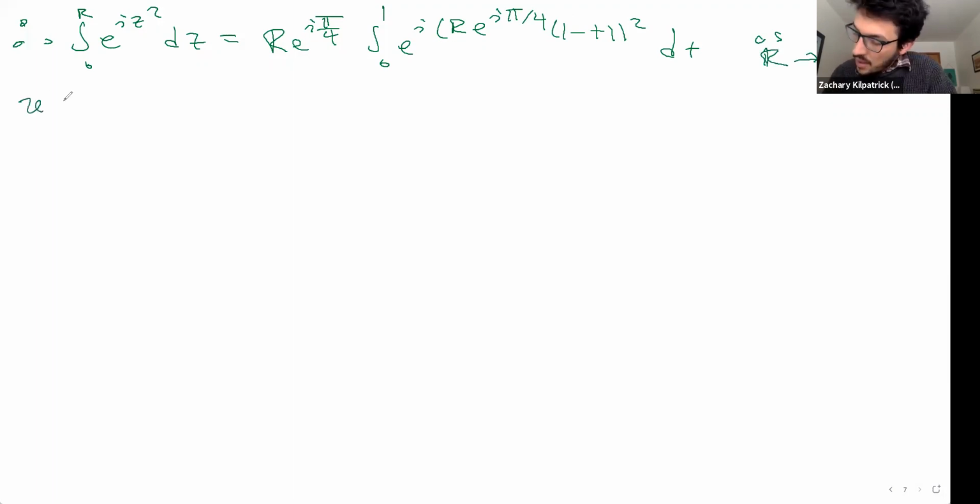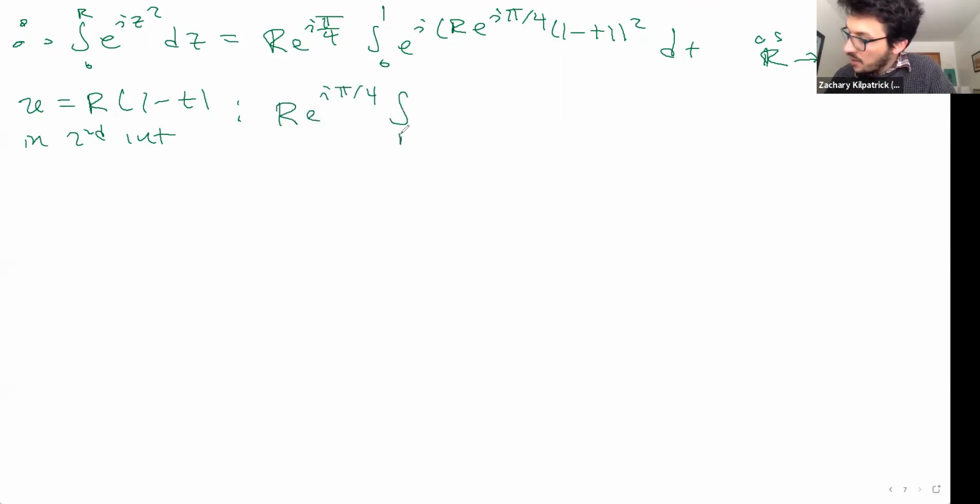Okay. So I'm going to make a change of variables, u equals r t, in our second integral. And our second integral now is going to look like r e to the i pi over 4, integral from r up to 0, e to the minus u squared minus 1 over r du.